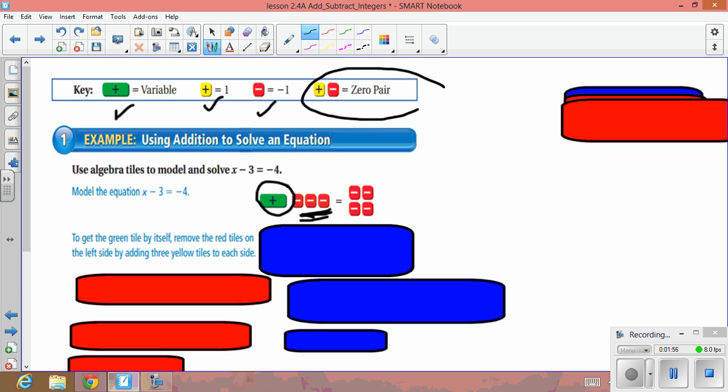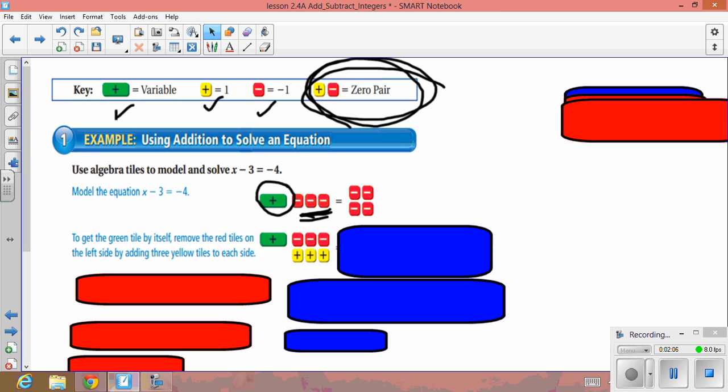So if we take a look, we're trying to create 0 pairs so we can get rid of those red tiles on the left side. So we are going to add 3 yellow tiles on the left, and in equations the equal sign separates the left side from the right side.